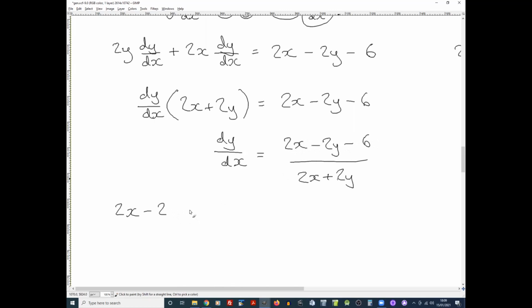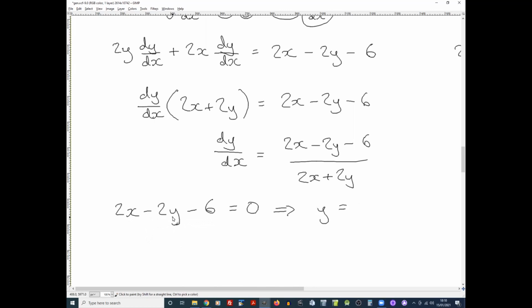Okay. So if the numerator is equal to 0, that would mean that y was what function of x then? Well, 2x would have to equal 2y plus 6. Let's get y in terms of x rather than x in terms of y. So 2y would be 2x minus 6, wouldn't it?